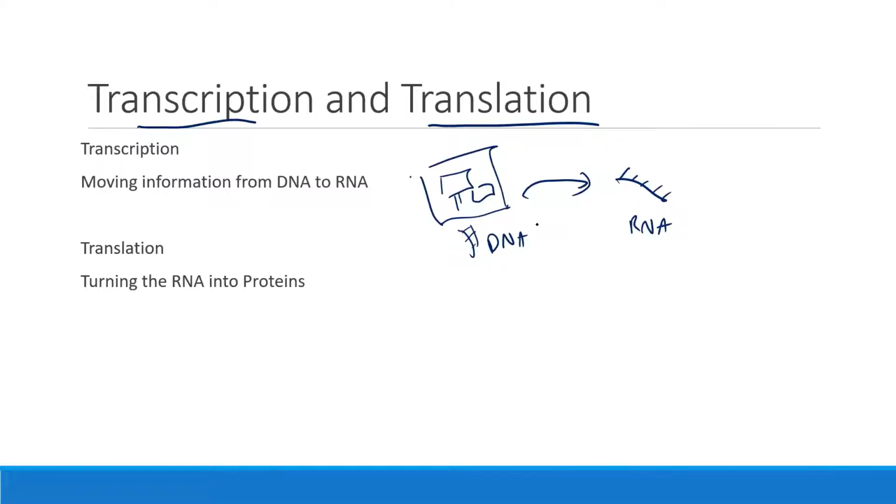Whereas translation is all about taking the RNA and turning that into proteins. I don't know how to draw a protein. We're going to draw a big, long, flat thing here, and I'll talk briefly about that. So we're going to talk about each of these two topics individually, transcription first and translation second.